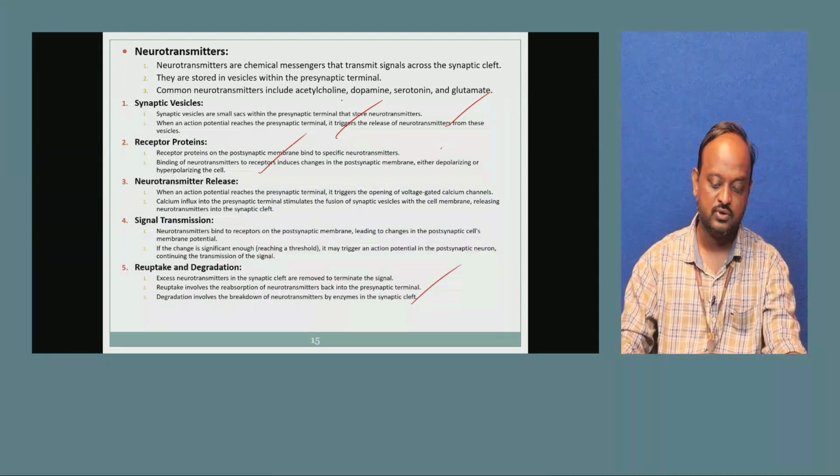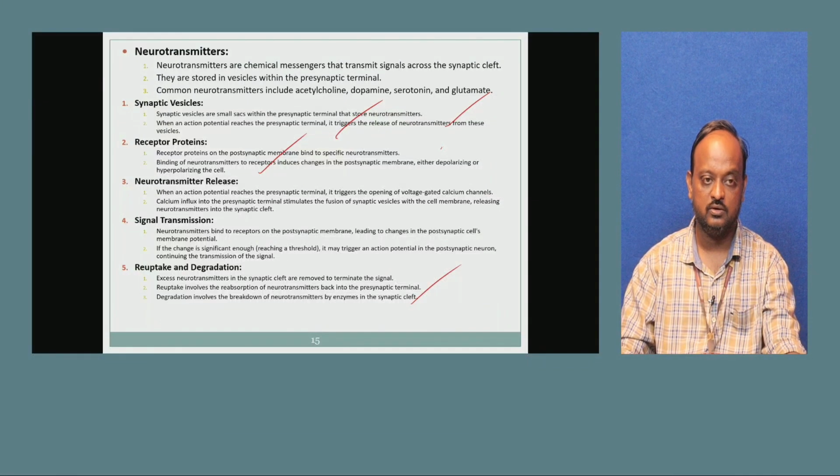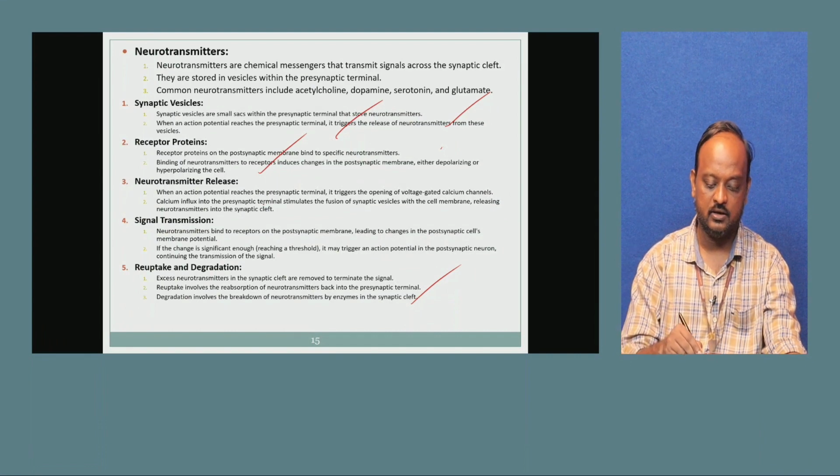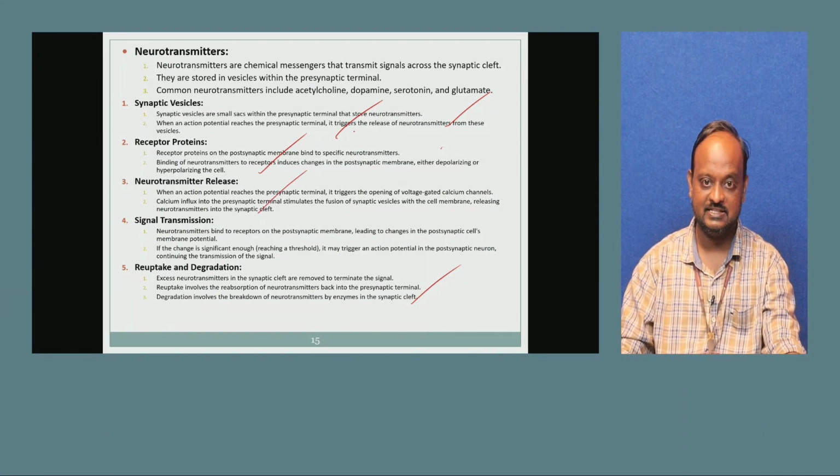Receptor proteins are generally present on the postsynaptic neuron, like the GPCRs and nicotinic acetylcholine receptors and other receptors specific for neurotransmitter binding. Neurotransmitter release from the presynaptic neuron happens only when there is signaling, and that is done with the help of voltage gated calcium channels.